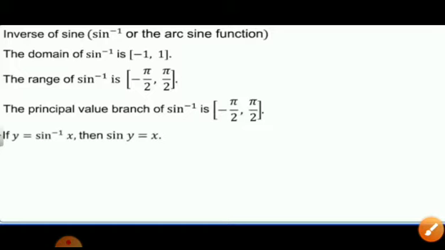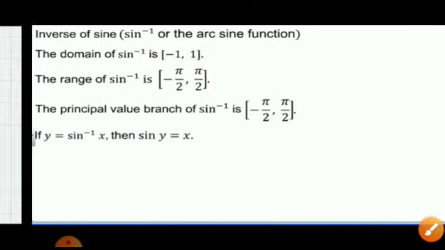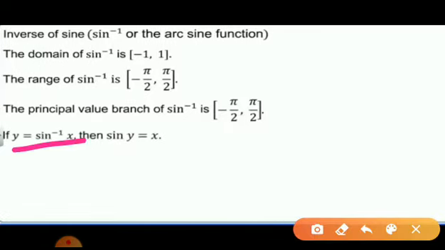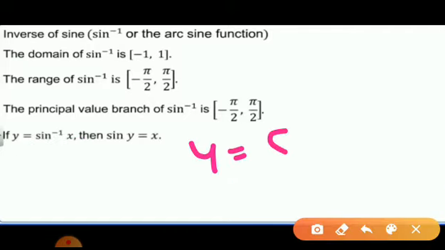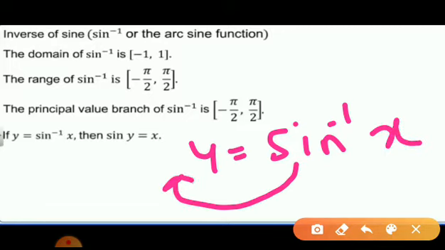Now see, if y is equal to sine inverse x, then how can I write it? It is sine y equal to x. See, y is equal to sine inverse x. That means this sine I can take to this side.